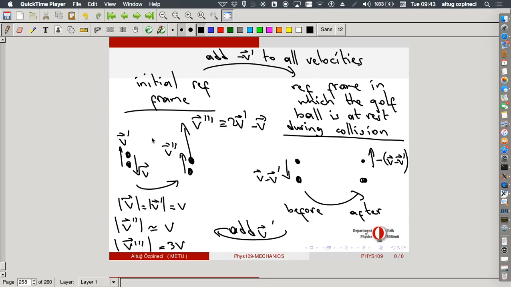For example, based on what's on the exchange there, the golf ball is moving up with that velocity and the tennis ball is moving down that way. Let's assume we choose something against this ball.